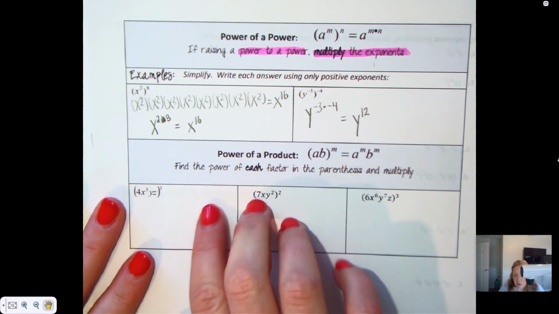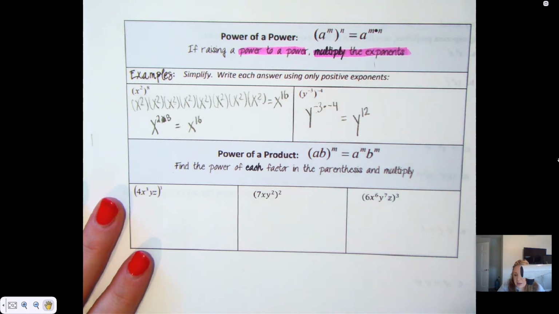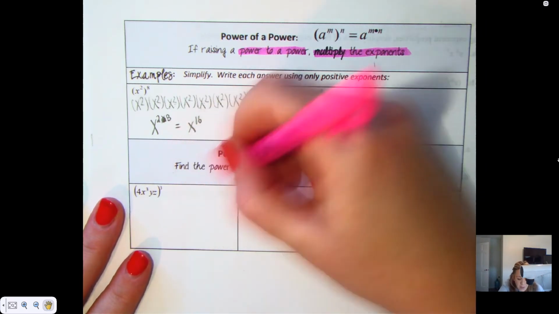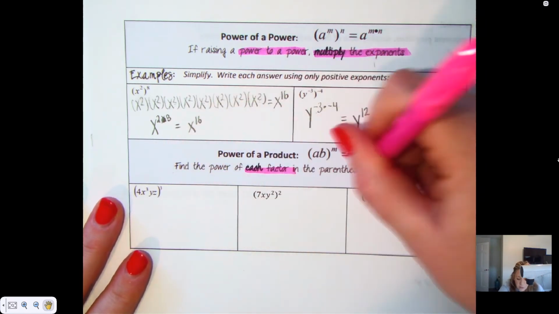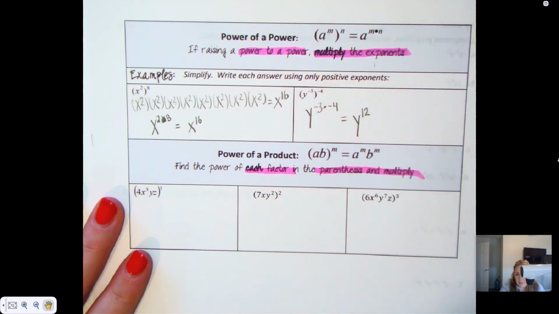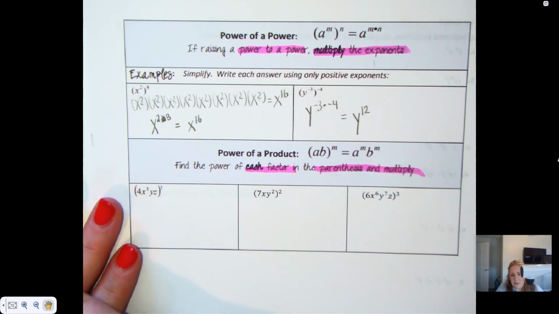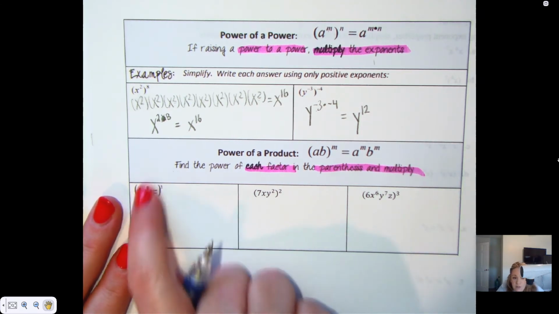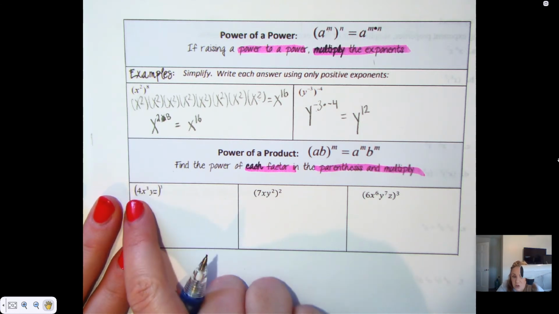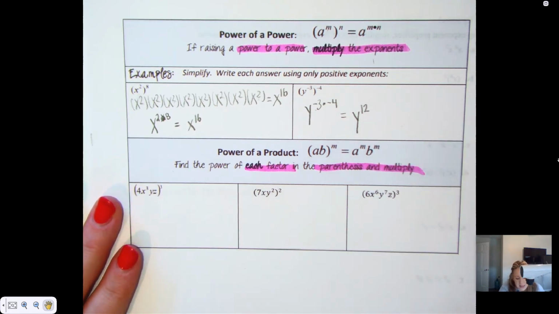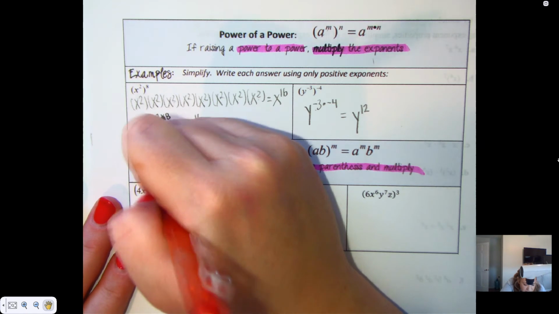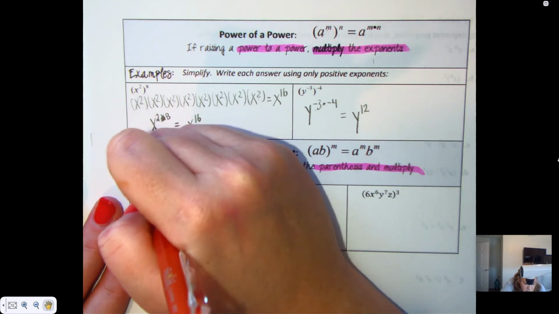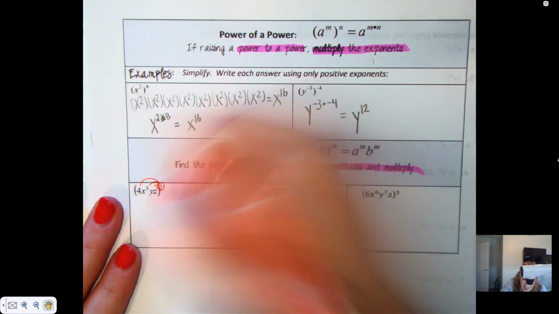This is power 2 in our little lesson on the front page. Find the power of each factor in the parentheses, then multiply. So this is basically kind of like the distributive law. So I have 4x cubed yz, all of that raised to the third power. Now, what does that mean? It means that everything in here is going to be raised to the third power.